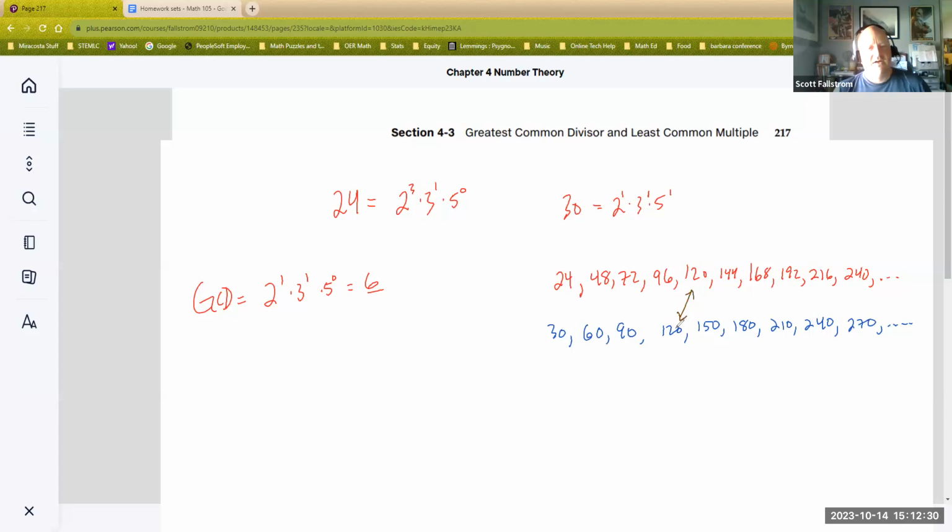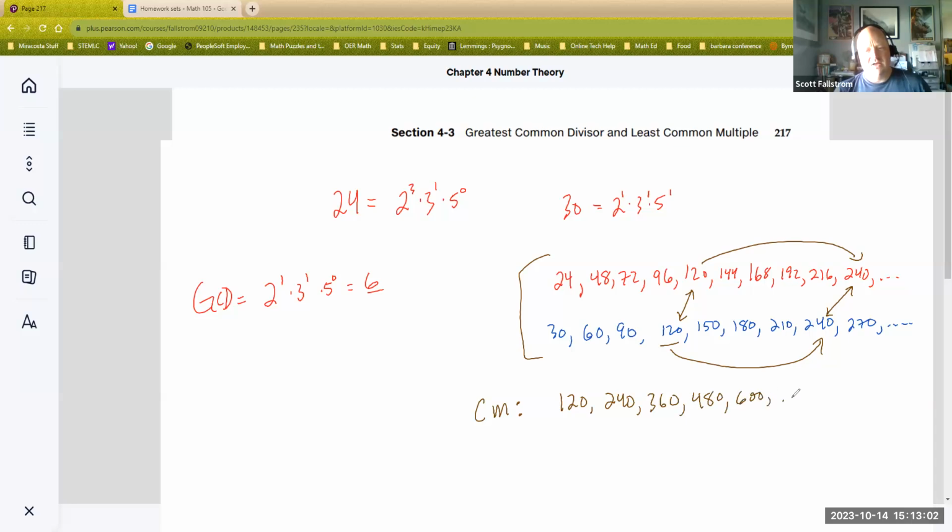They do, at 120. They have something in common again at 240. If you kept going, if they match at 120 and match again at 240, they match again after another 120, which forms a sequence of common multiples: 120, 240, 360, 480, 600, and so on.